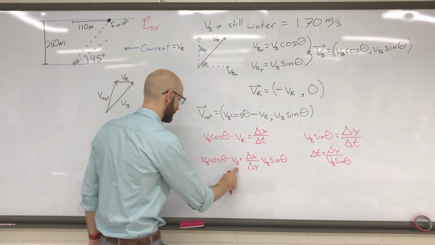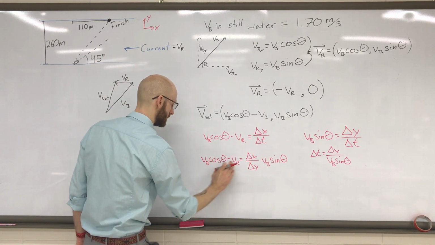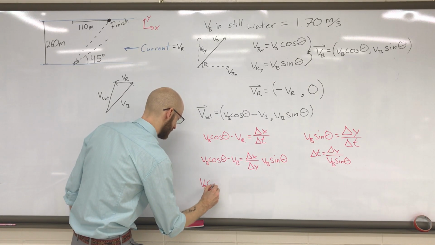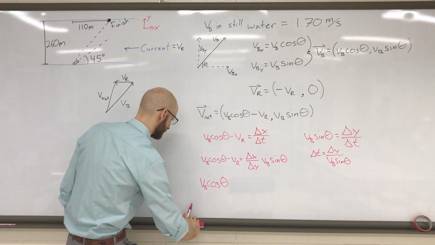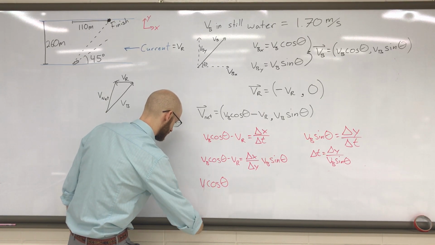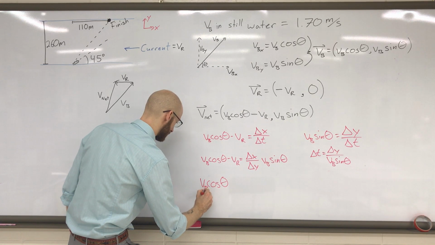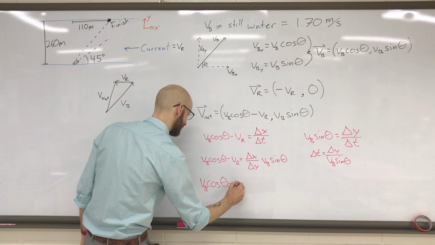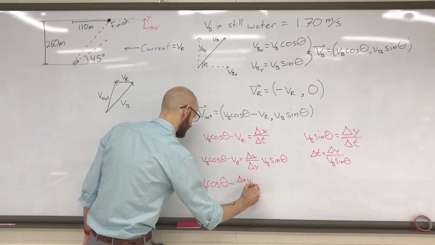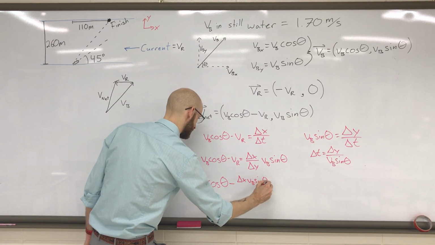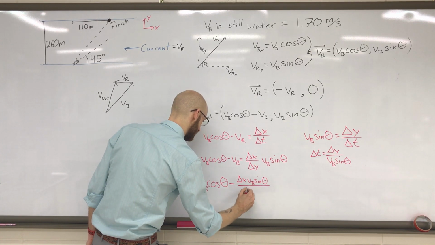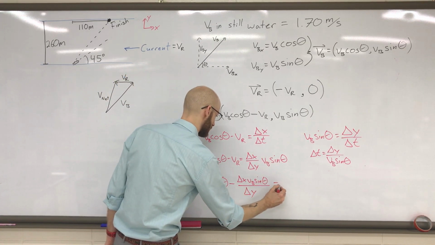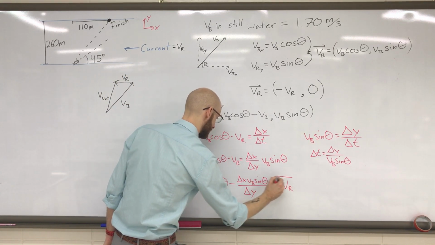And now our goal is to solve for Vr, so I'm going to subtract this over here and move Vr over there. So it's Vb cosine theta minus delta x Vb sine theta over delta y equals Vr.